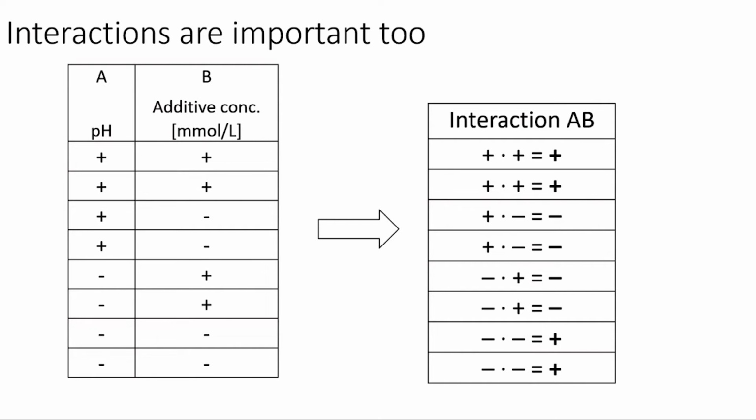In our case, we multiply, for example, factor A and B, and the resulting sign is going to be one part of the interaction, meaning that if we multiply a plus and plus sign, we get a positive sign, and plus and minus is going to be negative. I think you understand how this goes.